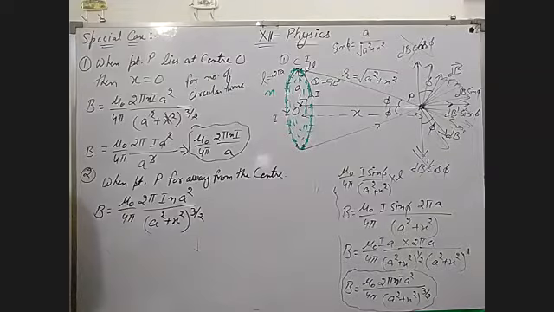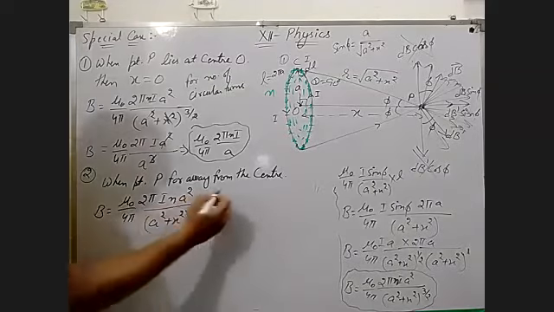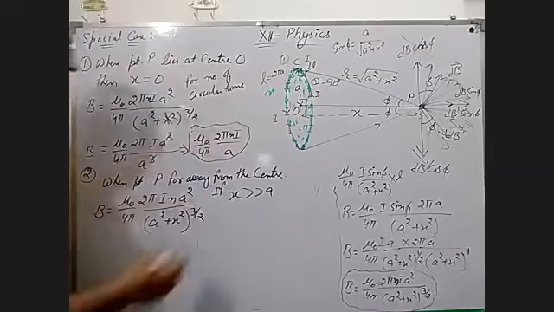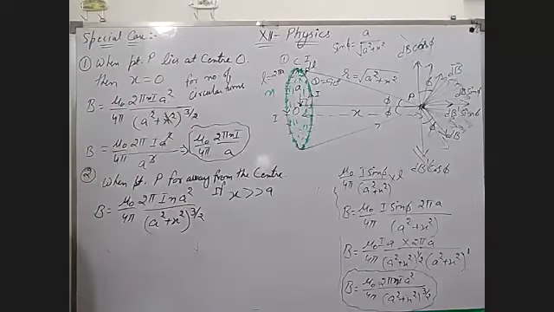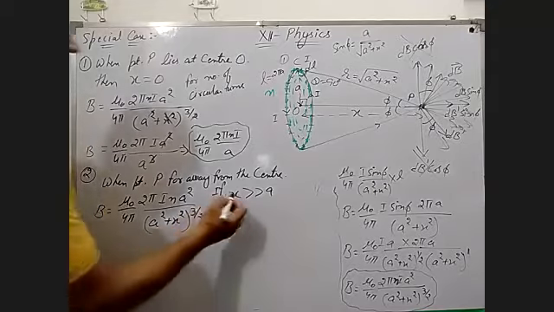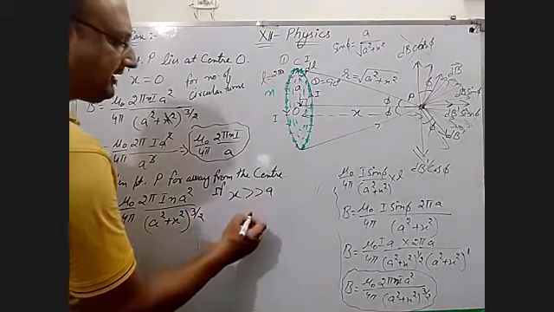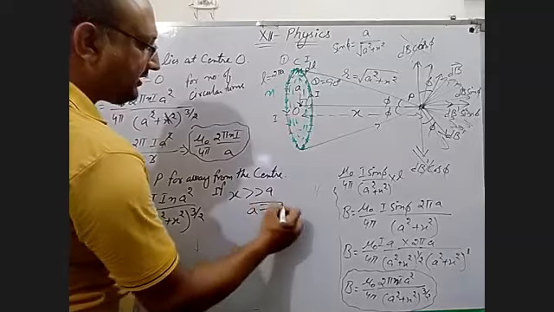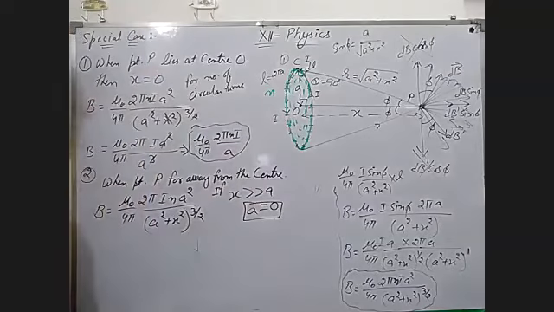Now if x is very much greater than a, this is the condition. What does it mean? Then you can ignore this thing, meaning put the value of a as 0.